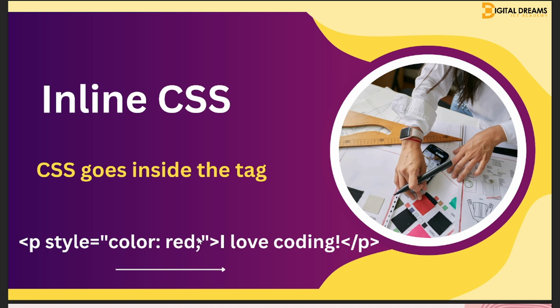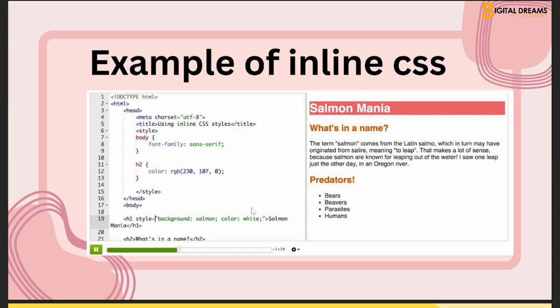You don't need to leave the angle brackets. You can add the style attribute inside. It's compulsory for inline styling. You don't just go here, instead of I love coding, and write style. No, it will not work. And we already did this in the previous class.